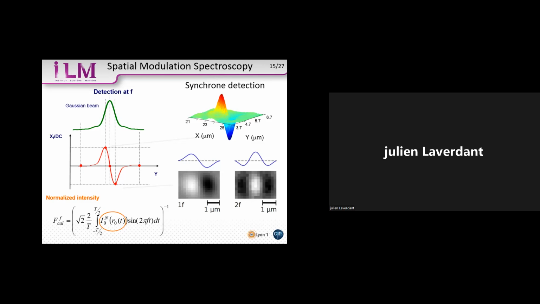Depending on the kind of modulation you do, here we oscillate the particle at frequency f, but if you modulate at twice that frequency, you have the second derivative. So the image will show a maximum of the signal in the center, in the case of 2f, and one minimum on each side.